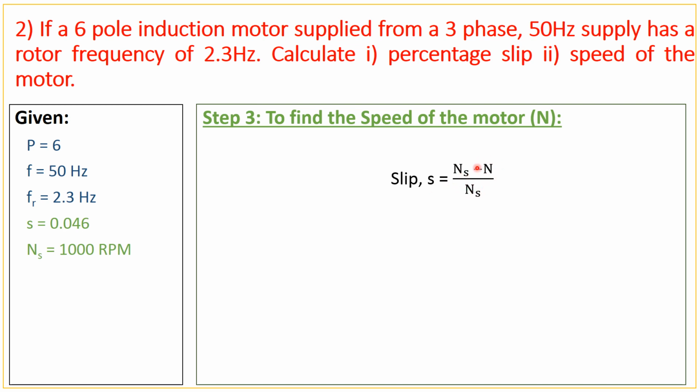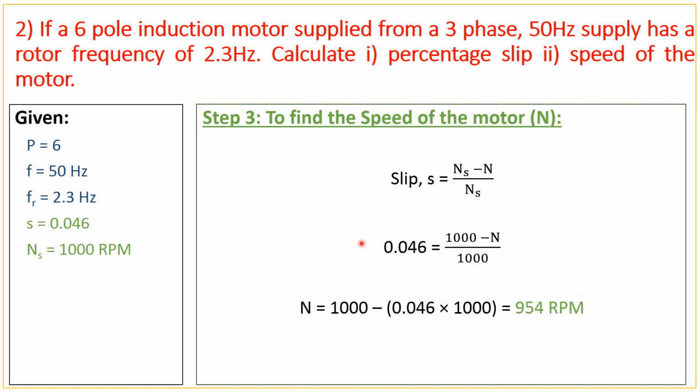From this I can find the actual speed N. So substitute 0.046 is equal to 1000 minus N by 1000. You can multiply here, then this is brought to the RHS, and this is brought to the LHS. So you will get N is equal to 1000 minus 0.046 into 1000, which is nothing but 954 rpm. So the speed of the motor is 954 rpm.